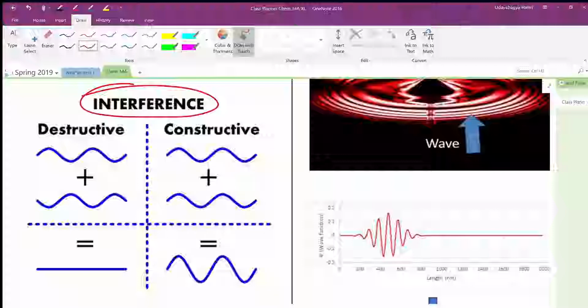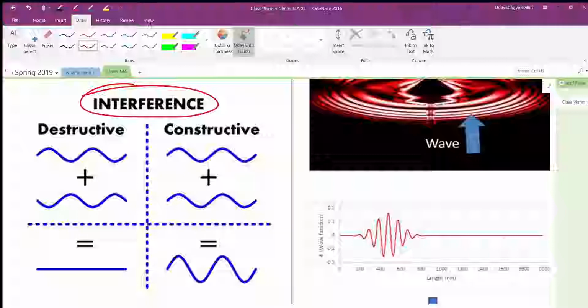We can also have a destructive interference, where you have one wave and you overlap it with a second one that is exactly opposite in terms of its oscillation. It doesn't line up, essentially. And when you line it up together, you simply add it up. So if this is +1, this is -1, +1, -1, +1, -1.